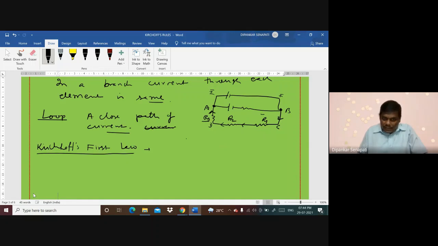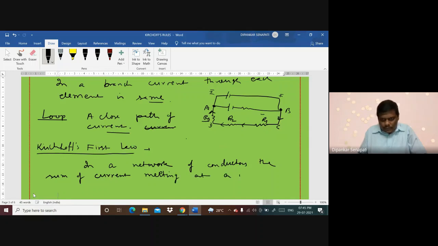So this law states that in a network of conductors, the sum of current meeting at a junction is zero. Sum of current meeting at a junction is zero.